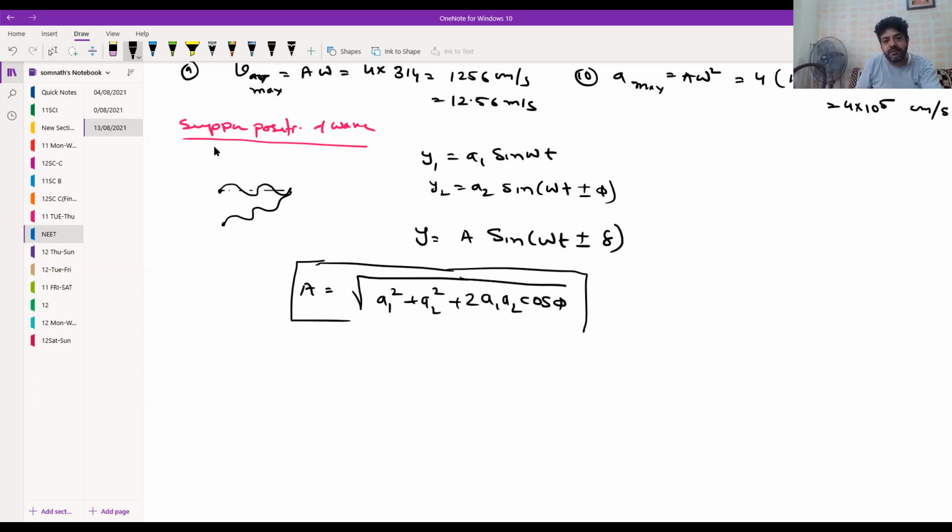Amplitude and this delta. Delta is tan inverse of A2 sin phi by A1 plus A2 cos phi.